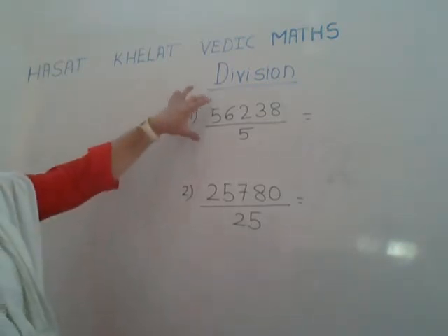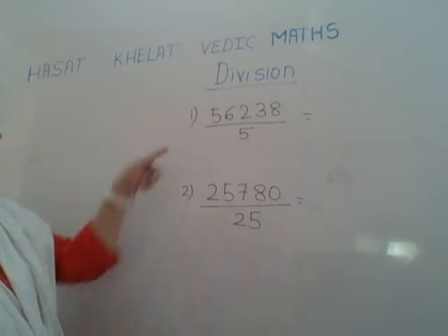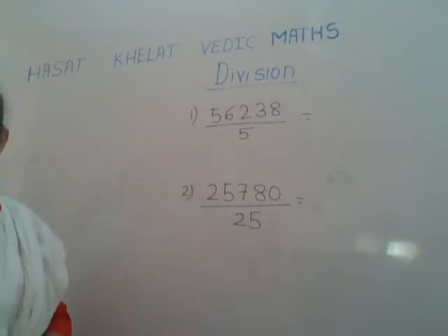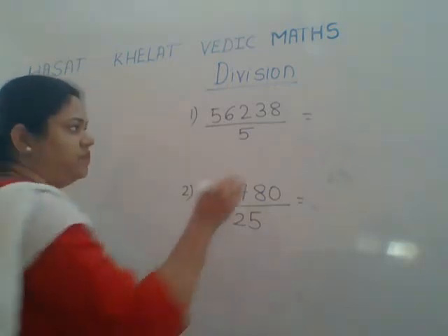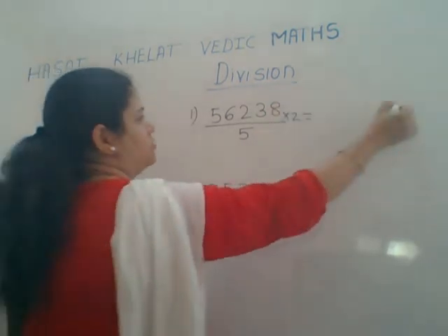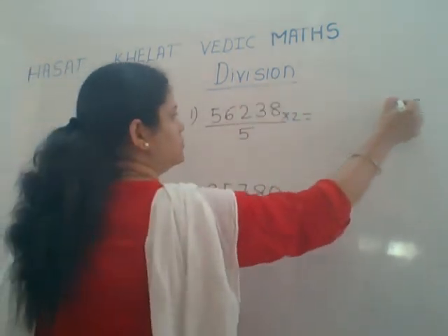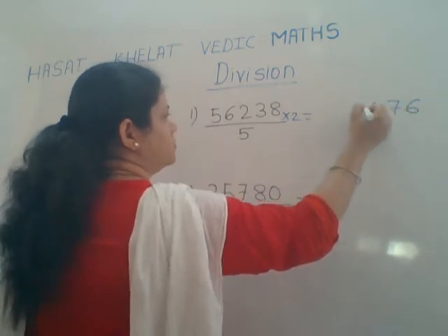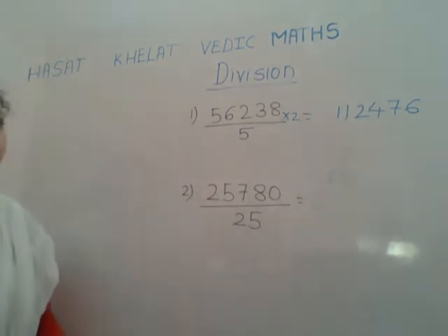So here, for the first number 56238, for dividing it by 5, what we have to do? Instead of dividing, we have to multiply here with 2. I have got 112476, and where will I place the decimal point?